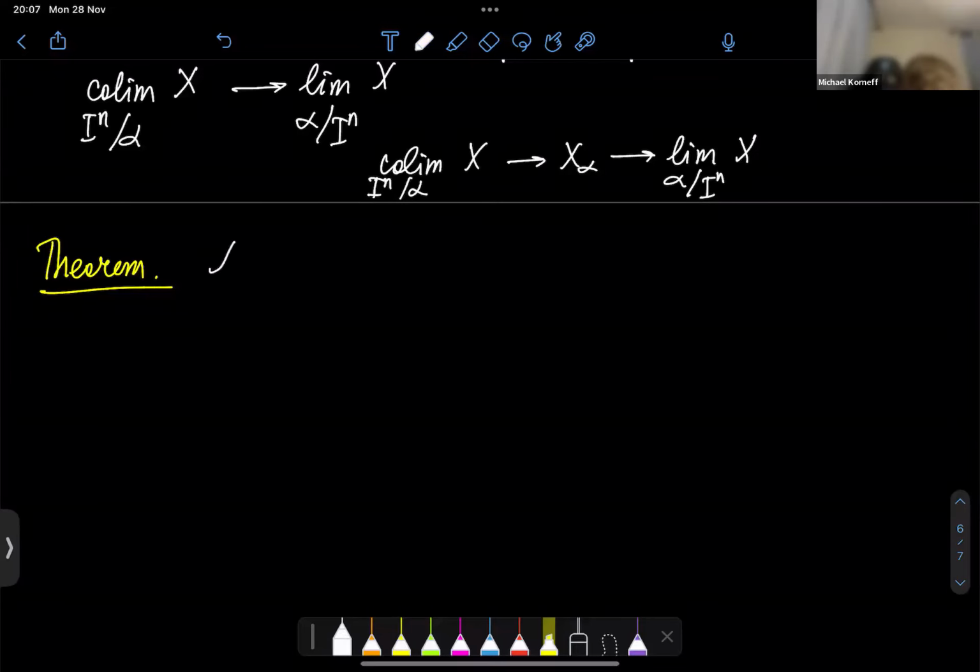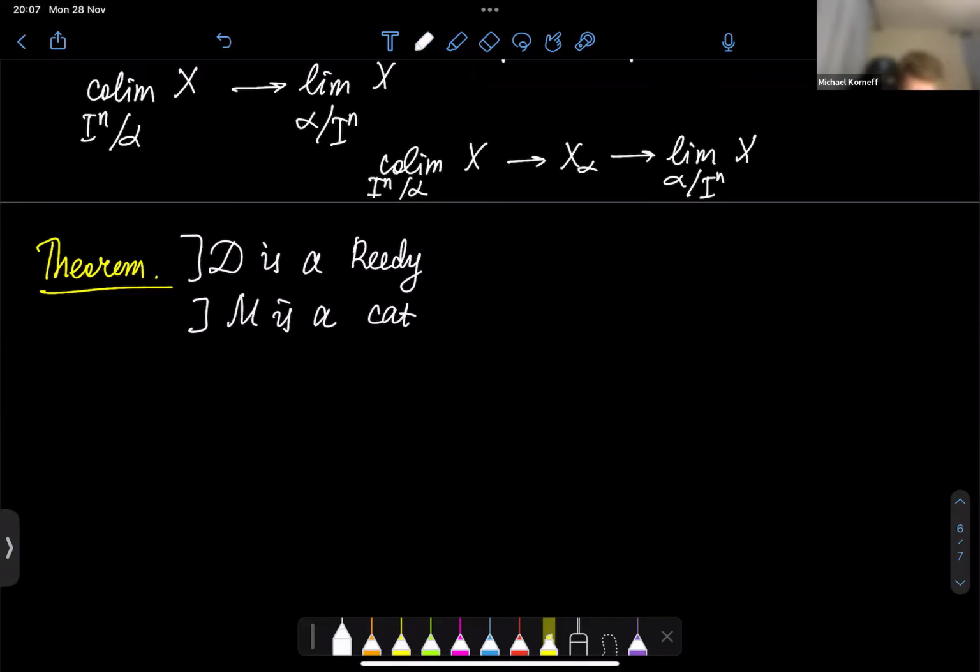Suppose that D is a Reedy category, and also suppose that M is a complete category.